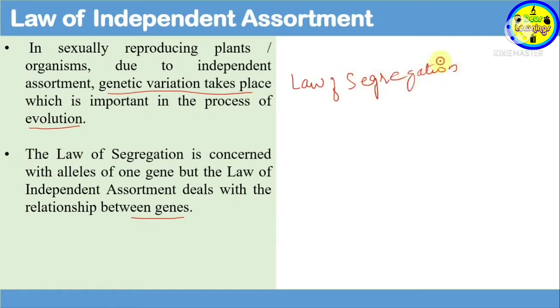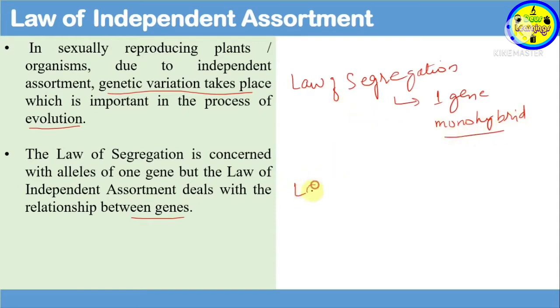Law of segregation is concerned with one gene. That means we are talking about monohybrid. So when you study monohybrid, it explains about law of segregation.